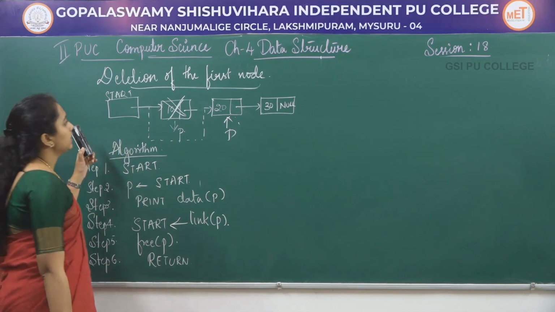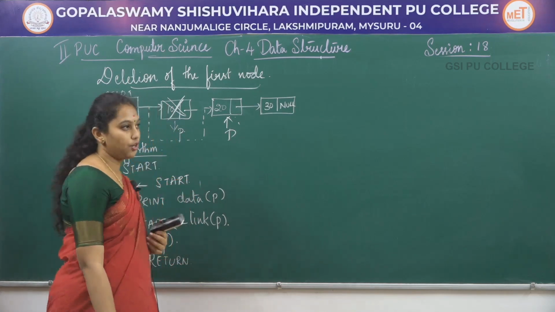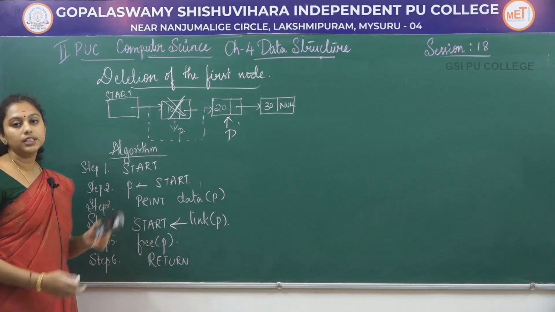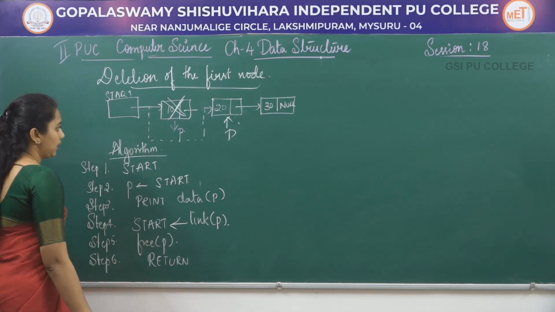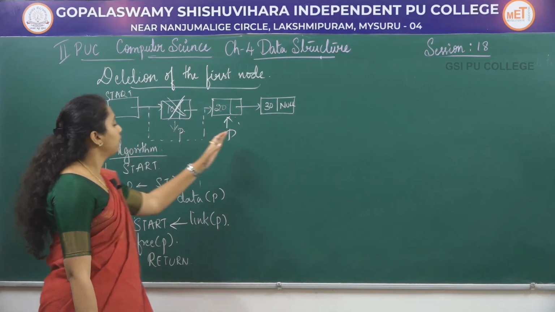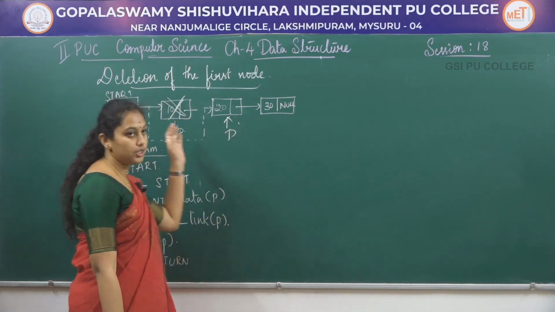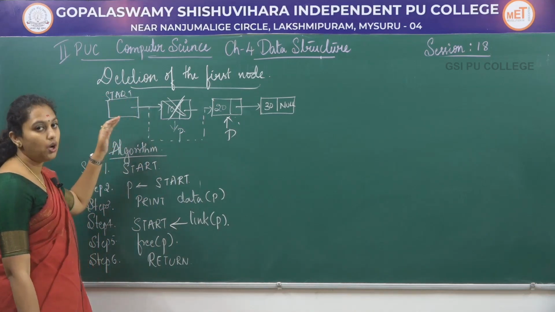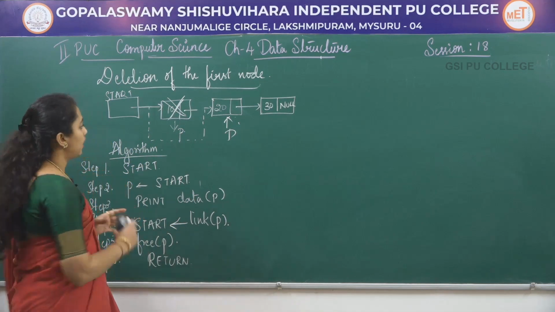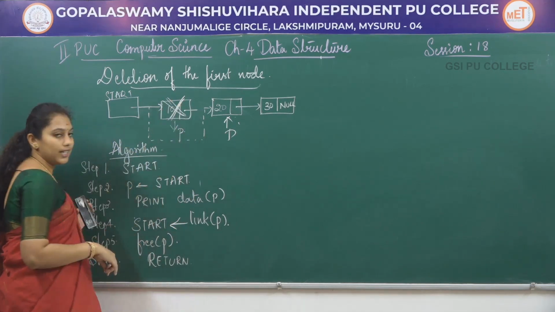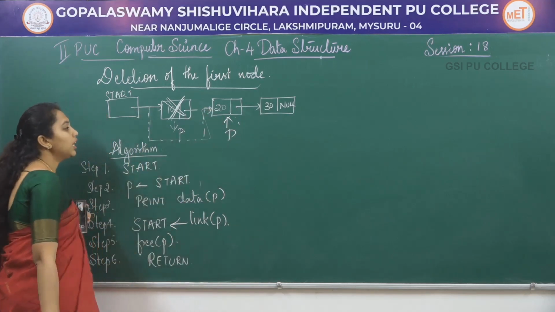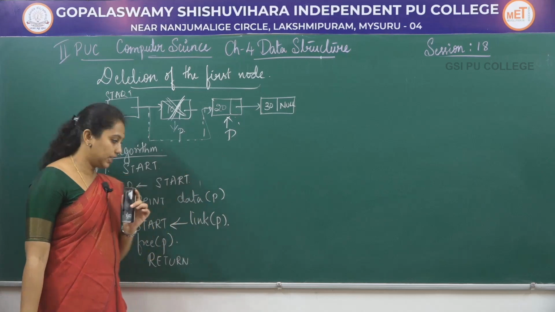While deleting the first node from the linked list, first we have to copy the data of the node. Then we have to create a link of the second node to the start pointer, because the start pointer contains the address of the first node. We are going to delete this first node itself, so we create a link from the start pointer to the second node of the linked list.